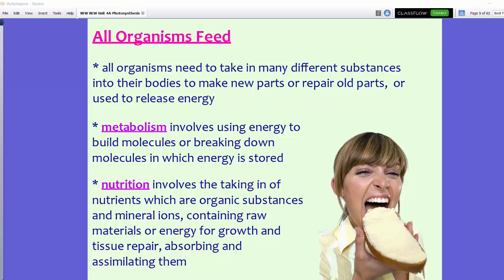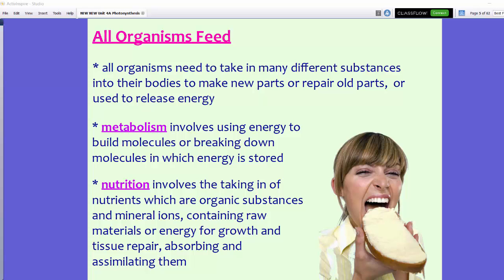Every cell and every organism has some sort of metabolism. There's always something there that uses energy or builds molecules or breaks them down. Now, to do this, nutrition is something that needs to be eaten by certain organisms, or feeding.